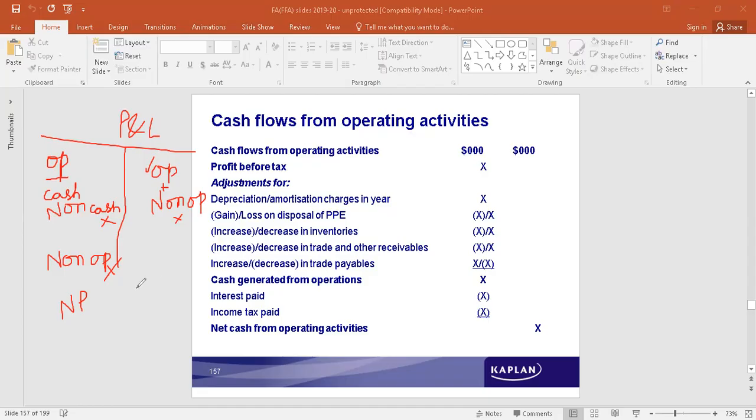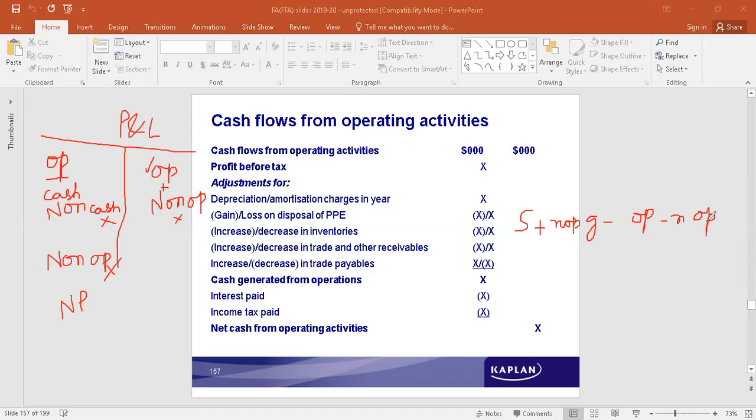So what are we doing? This is our starting point. See, sales plus the non-operating gains, minus operating, minus non-operating expenses.